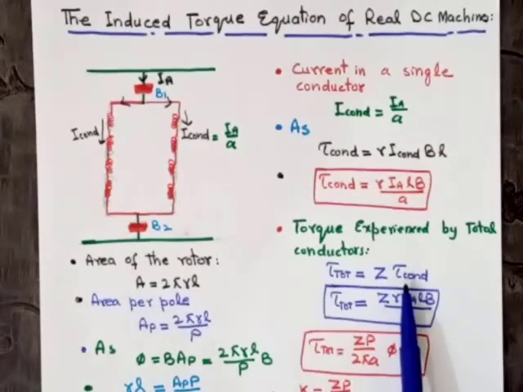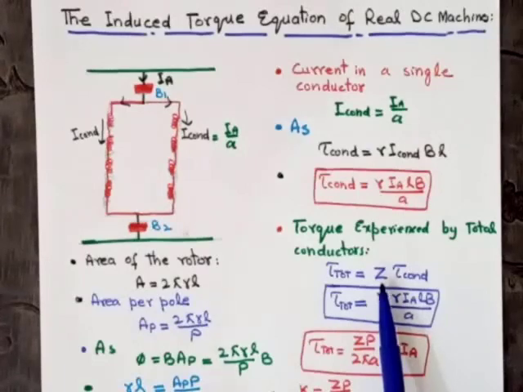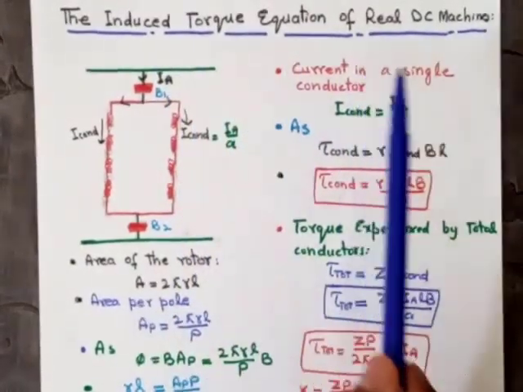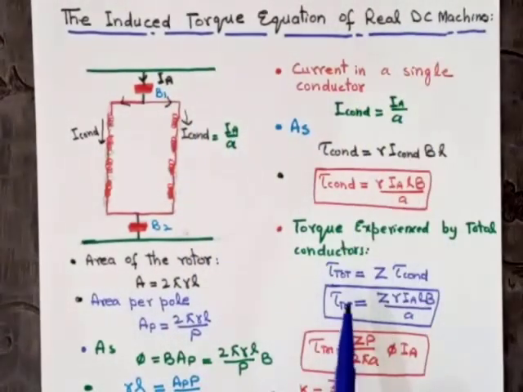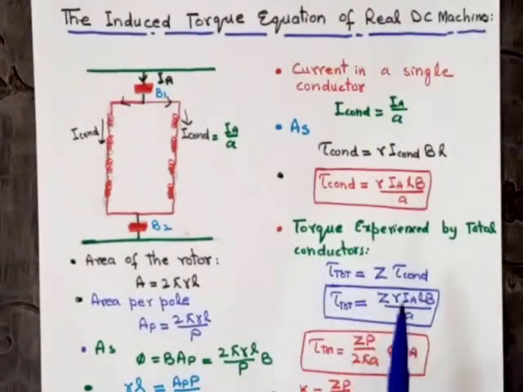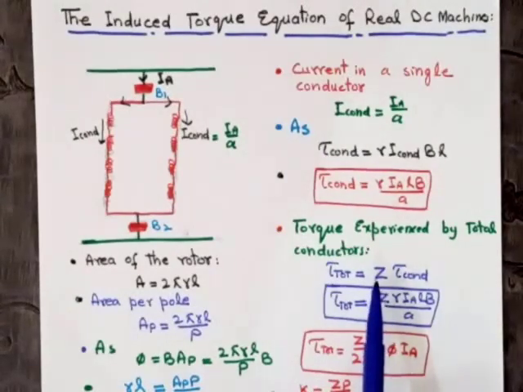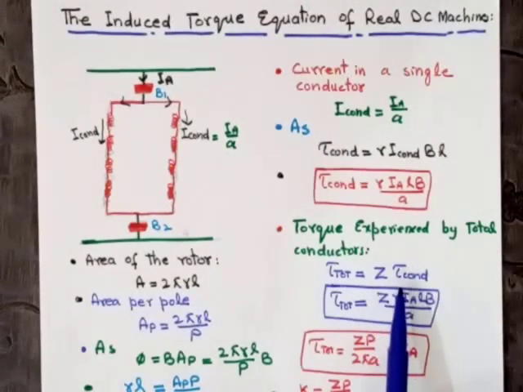In real machines, there are many conductors, so we find the induced torque equation of real DC machines. That's why the total torque will be equal to the total number of conductors times the torque induced across the single conductor.